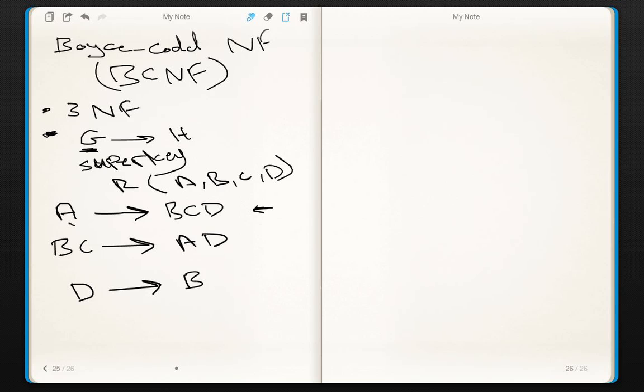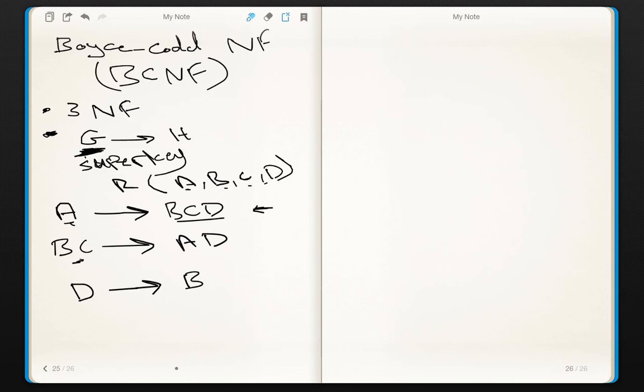Why? A defines all other attributes. Have a look, we only have A, B, C, D. A defines all the other attributes, meaning that, as this condition says, G has to be a super key. So A is a super key for the whole relation. That's good.